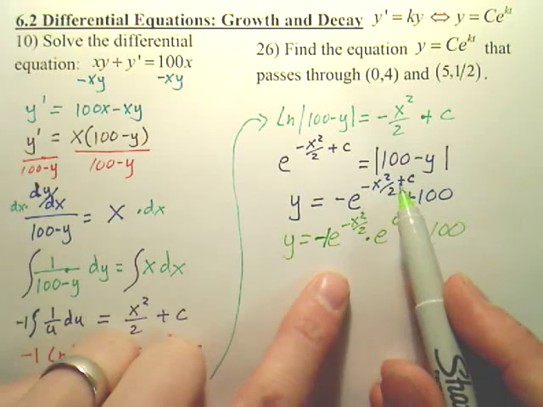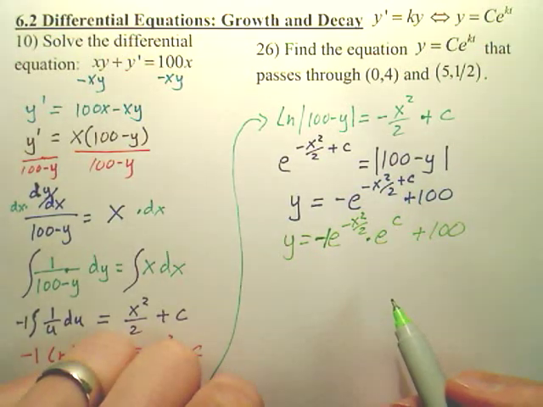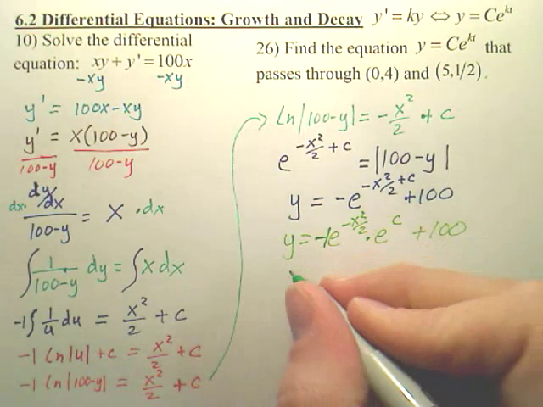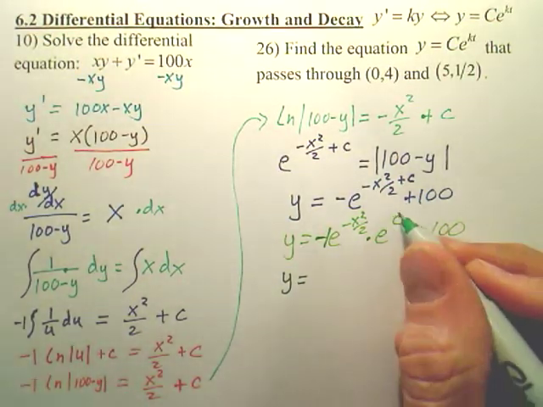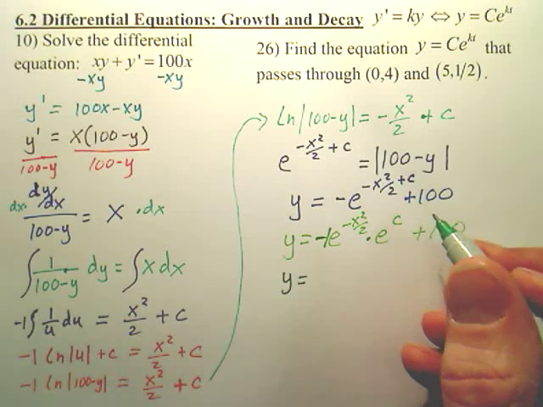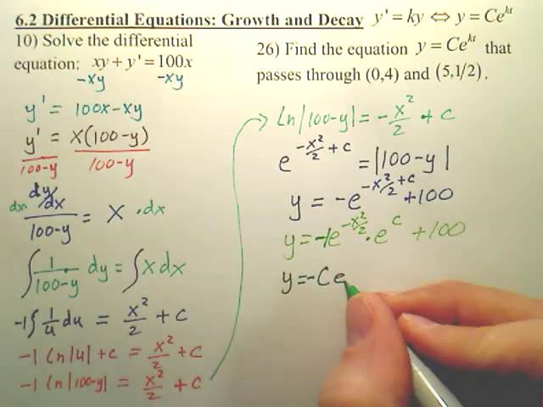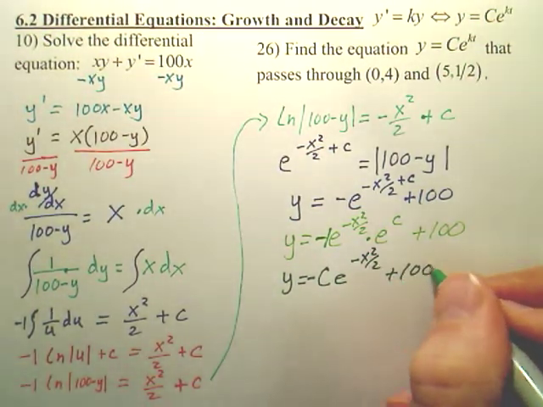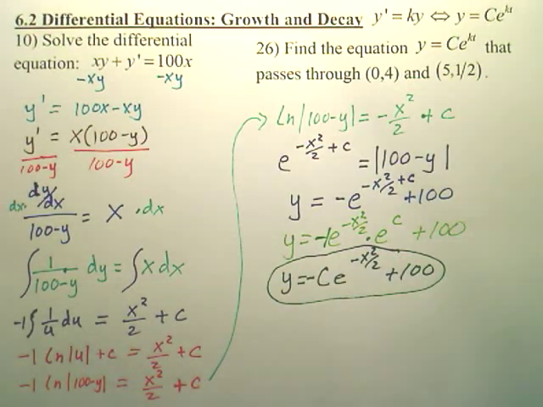When you add these two powers, isn't that the same as e to the blank multiplied? And your final answer is going to be y equals, they changed this into a c. e to the c, isn't that another constant? That's c, don't forget the negative: y equals c e to the negative x squared over 2 plus 100. That's your answer. A lot of new steps going on here.